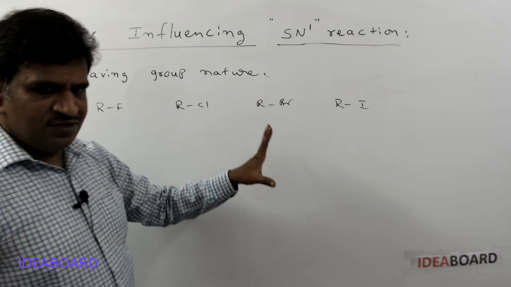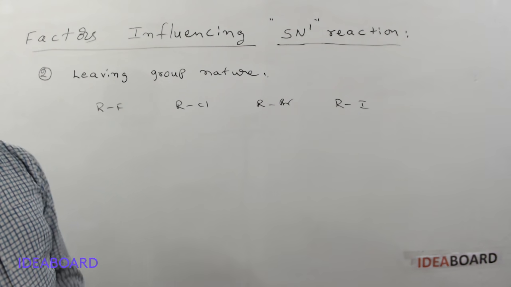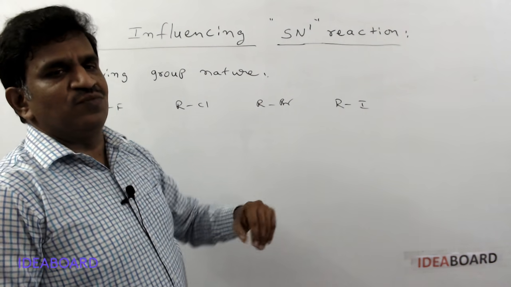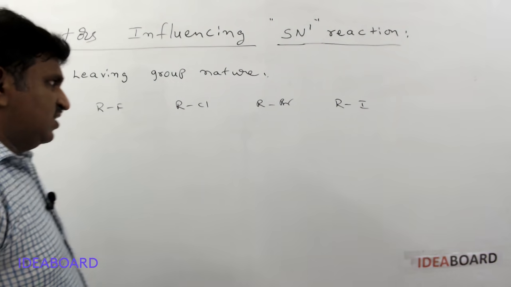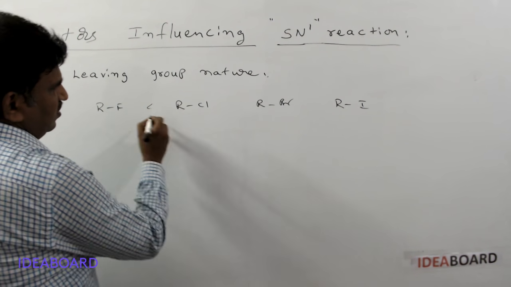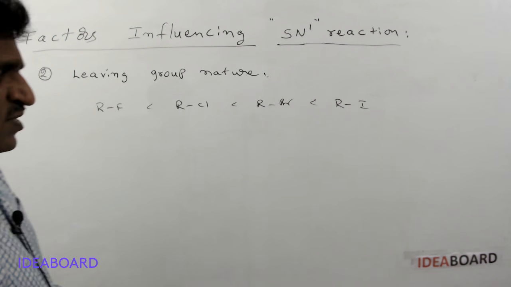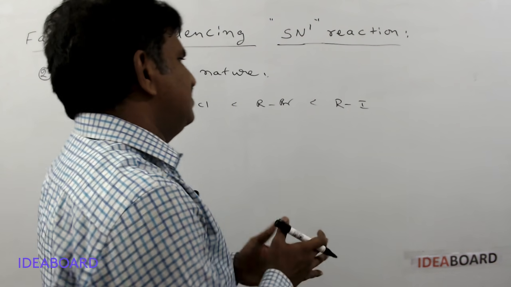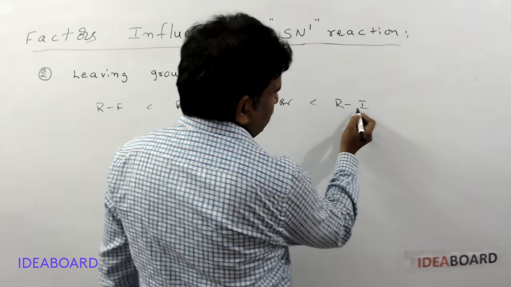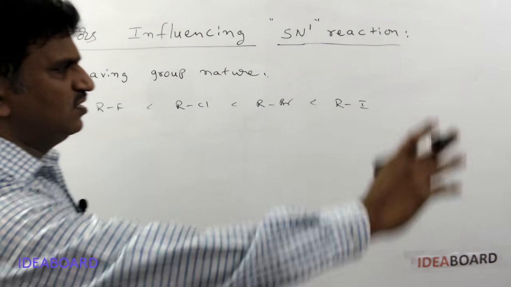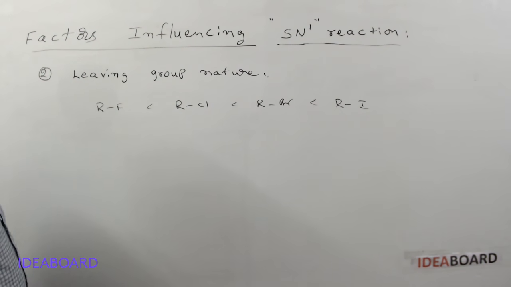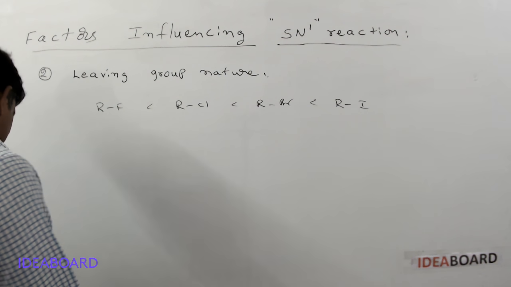The alkyl group is the same, but the halogen is different. Then which will undergo SN1 reaction more readily? Here they simply gave RF, RCl, RBr, RI. The simple reason we can think of is that the RI bond dissociates very easily, so I minus is released easily. That is also a very easy, common reason.